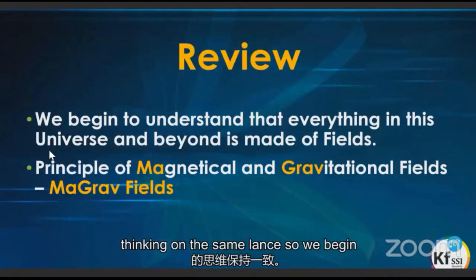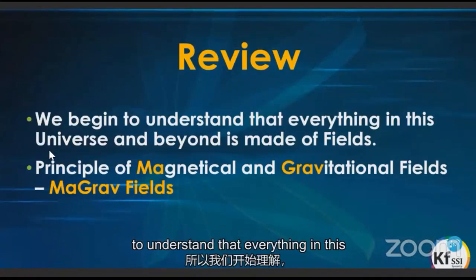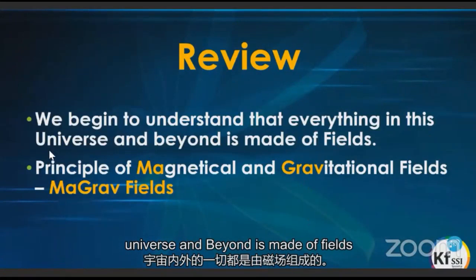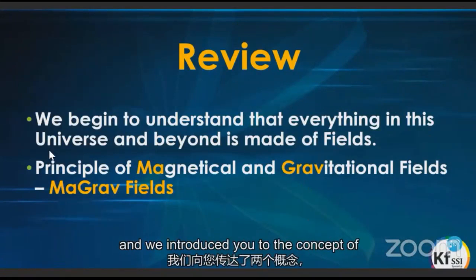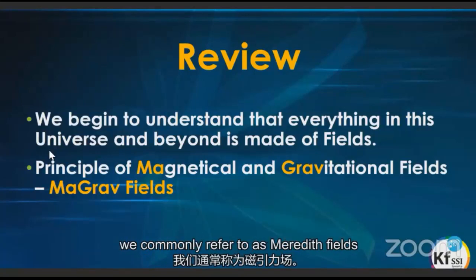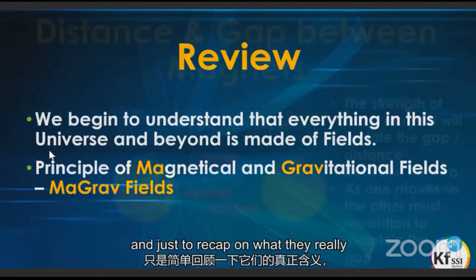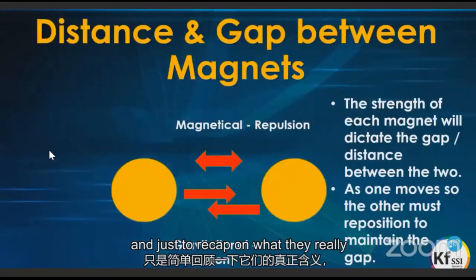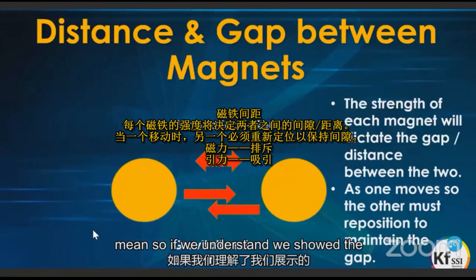So we begin to understand that everything in this universe and beyond is made of fields. And we introduced you to the concept of magnetic and gravitational fields, which we commonly refer to as maggrav fields. And just to recap on what they really mean.